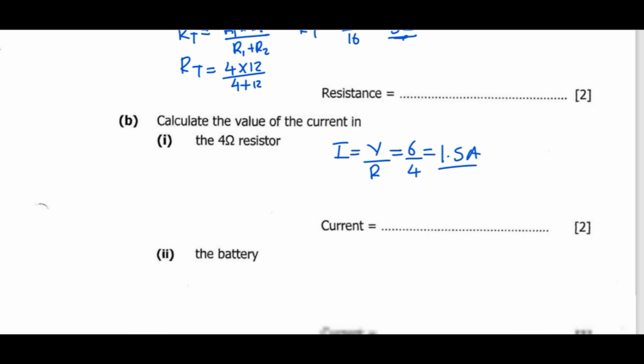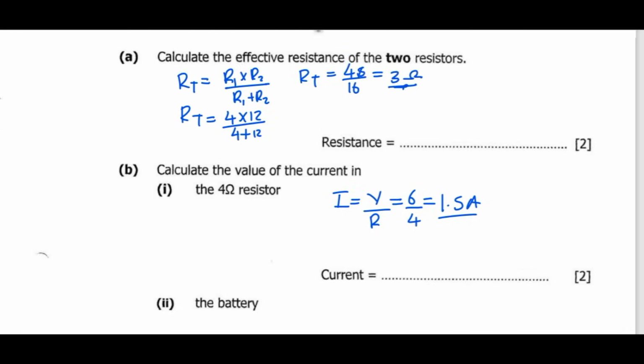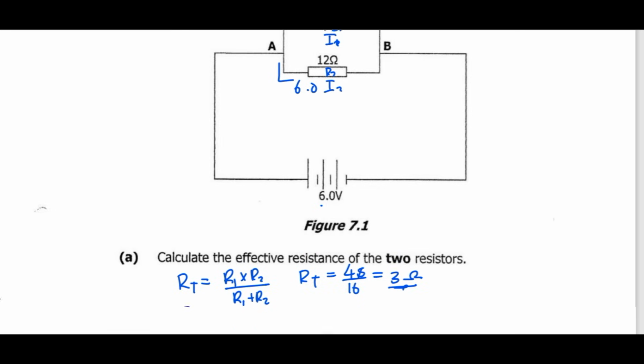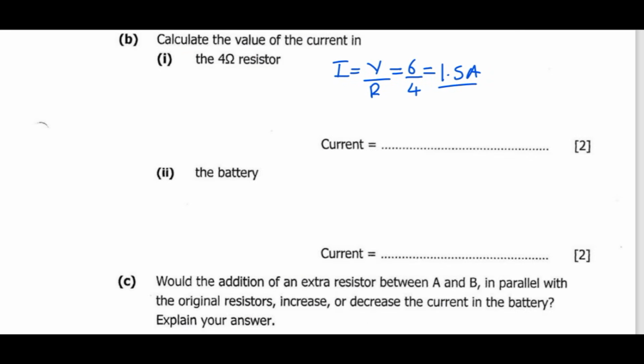Then the second one, current in the battery, which is the total current. So we know that here is 1.5 amps, so say current 1. Let's find current 2. So we'll do the same. Current 2 will be voltage over resistance. So voltage is 6 over 12.